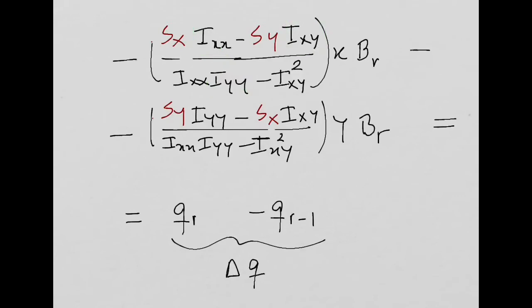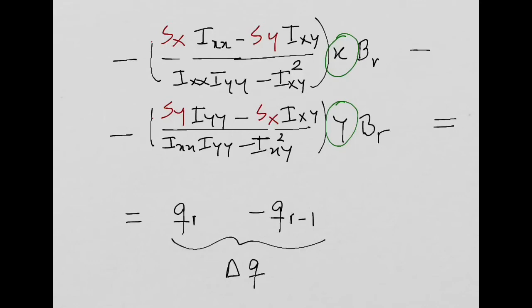What else do I need to know? I need to know the area of the boom that I am crossing, BR. I know which boom I'm crossing. So it means I know BR. I know the area of the boom. And the other thing I need to know is the distance to the neutral axis of that boom. I know where that boom is. I know the distance x and y to the neutral axis.